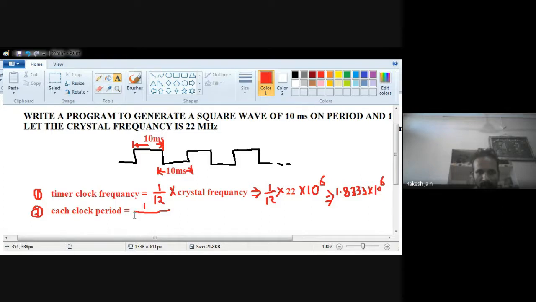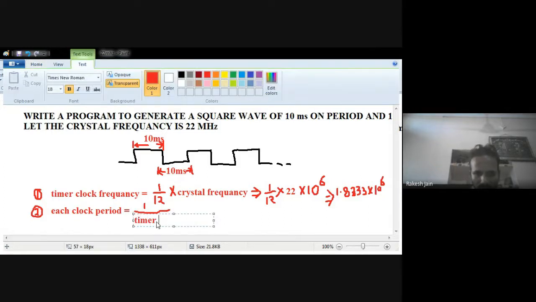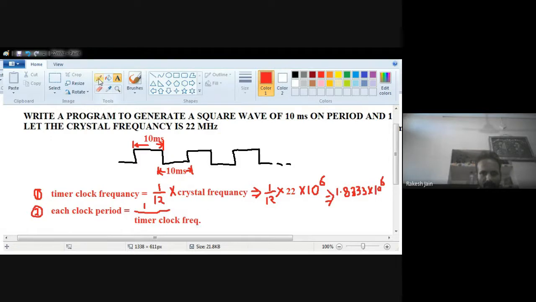So it will be equal to 1 divided by, here the timer clock frequency we just calculated as 1.8333 multiplied by 10 to power 6.